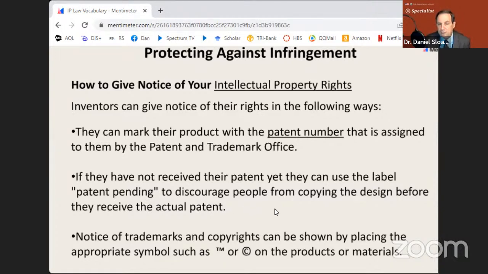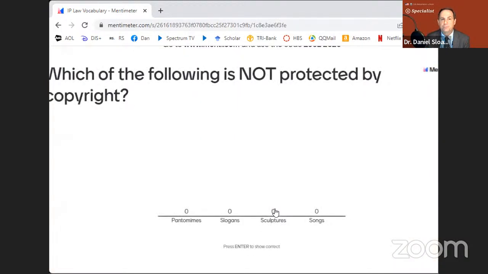If they have not received their patent yet, then they can use the label patent pending to discourage people from copying the design before they receive the actual patent. A notice of trademarks and copyrights can be shown by placing the appropriate symbol, such as the TM trademark or the copyright symbol on the products or materials.